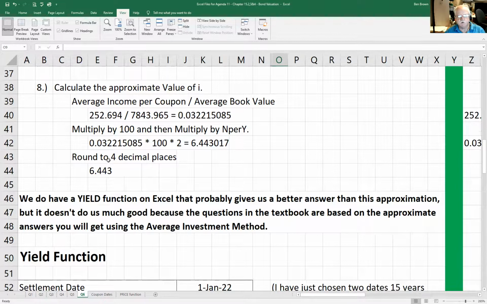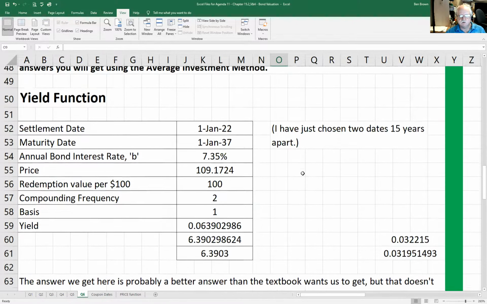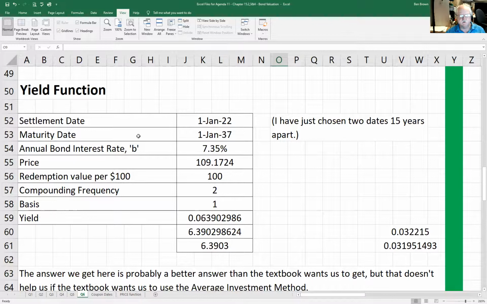And we come up with an approximate value for I. Now, that's a very painful process, but Excel gives us a yield function, which will give us a better answer. So let's take a look at the yield function.